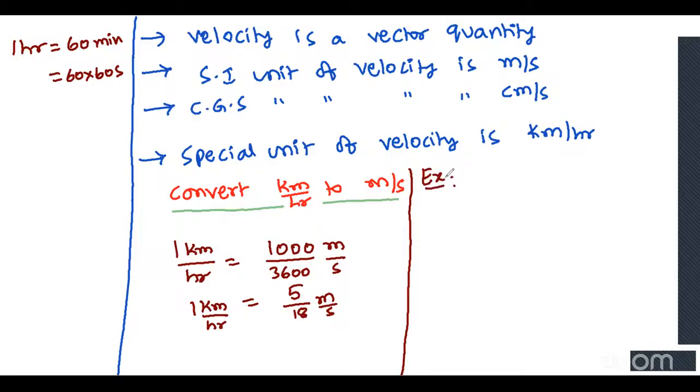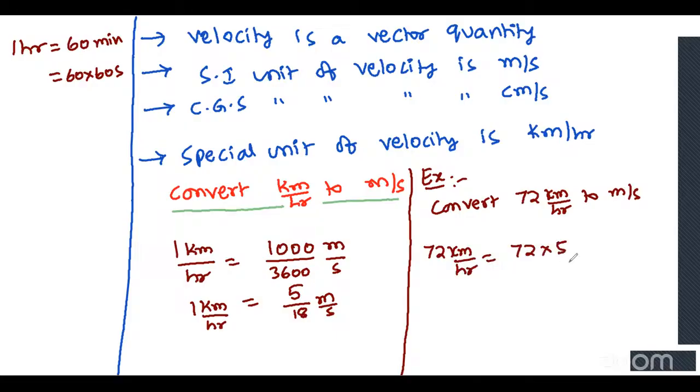For example, convert 72 kilometer per hour to meter per second. 72 kilometer per hour means, can I write as 72 into 5 by 18 meter per second? So it is 20 meter per second.